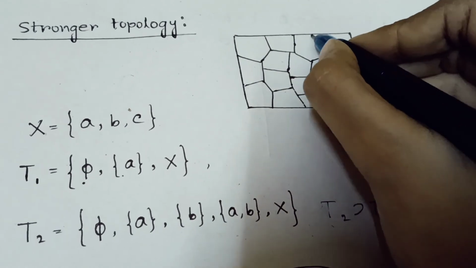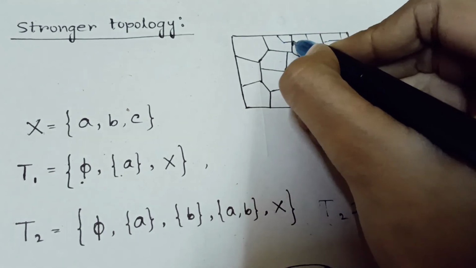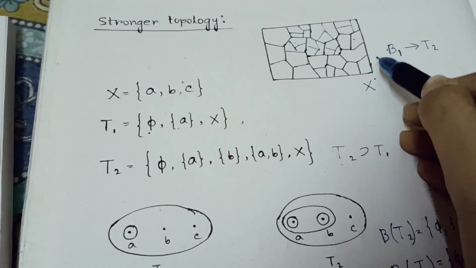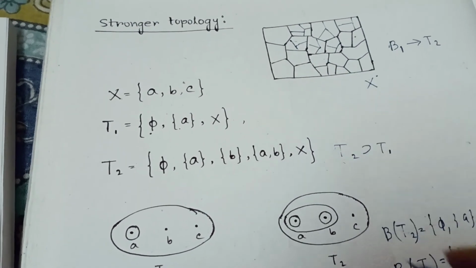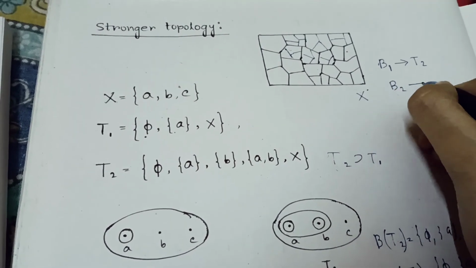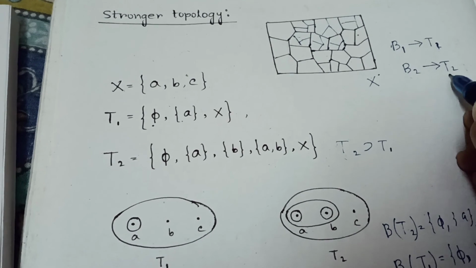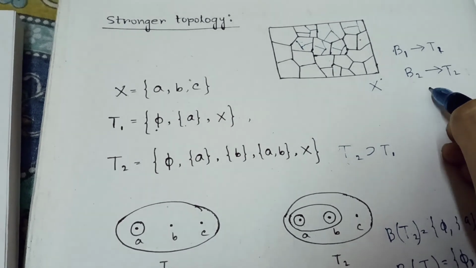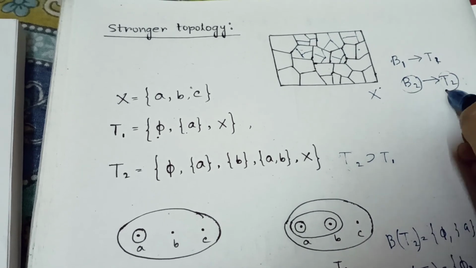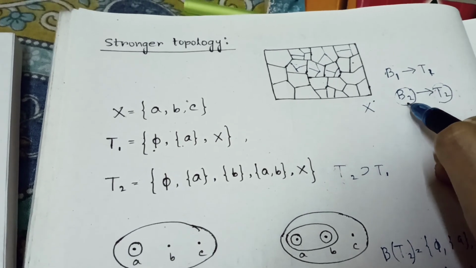Now we are breaking these pieces into more pieces like this. The new basis has many more pieces than the previous one, right? So if we call the new basis B2, and this will generate the topology T2, then B2 is the stronger one right here. B2 and T2 both are stronger than B1 and T1, since B1 has fewer elements than B2.